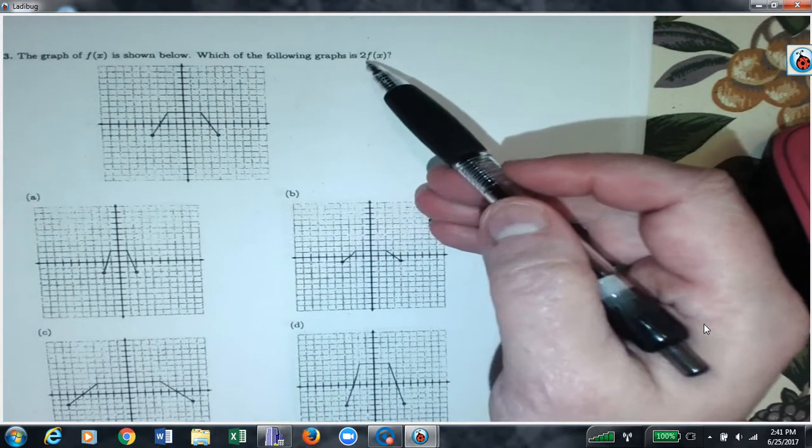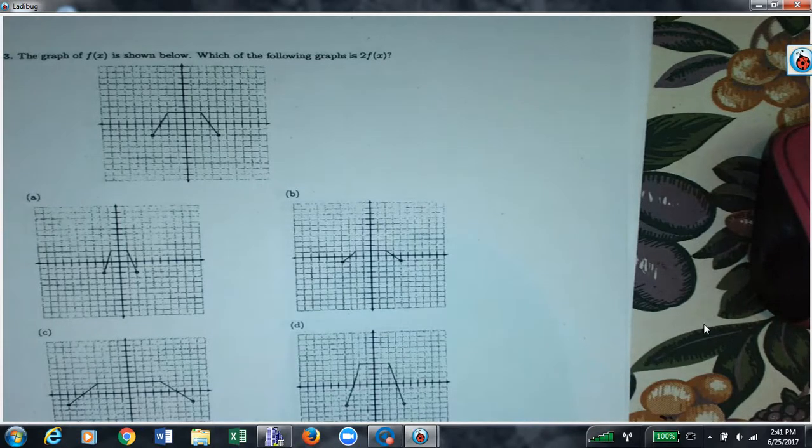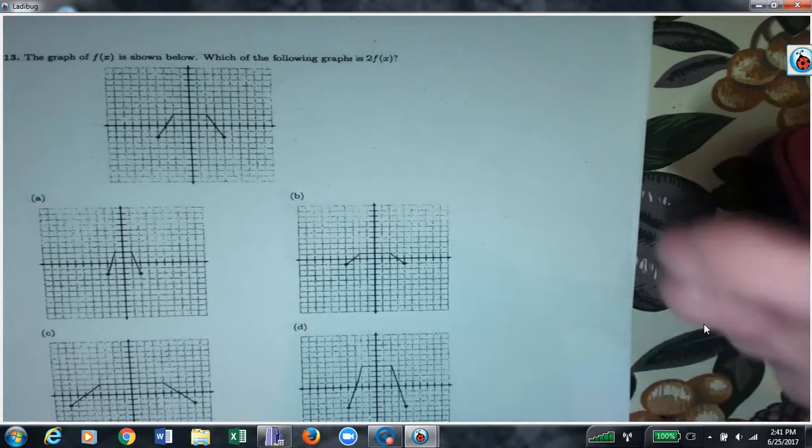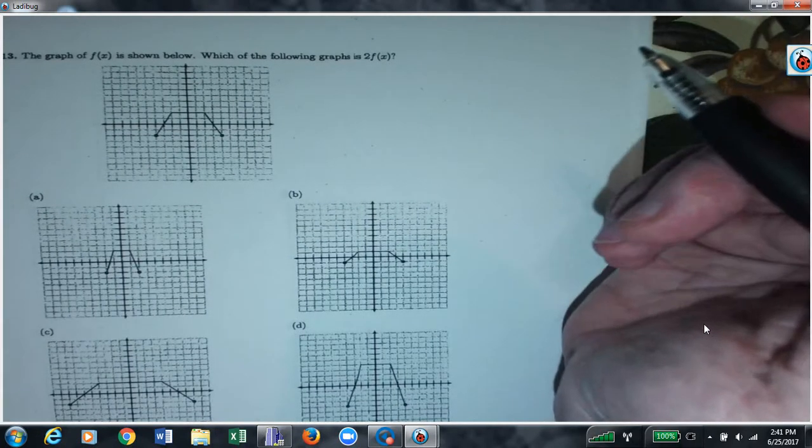All right, the graph of f is shown below. Which of the following graphs is 2 times f of x? Well, again, there was a cheat sheet for this, for the transformations, and it had to be memorized. So what is the new graph going to look like?